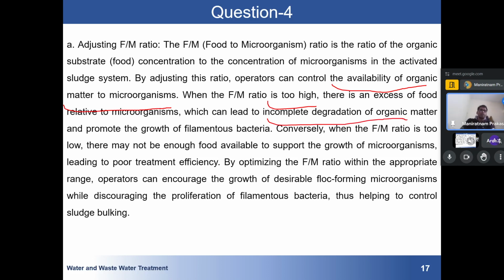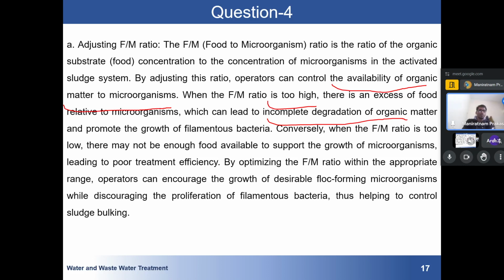Now just imagine a case where too much organic matter is present in your wastewater, and you are providing a very limited amount of microbes in the system. So there will not be complete degradation of organic matter, because we know that these microbes will die very soon since they have a very short life. They will grow for some time in spite of having food, then the older cells will start to die, leading to the killing of all the microbes.